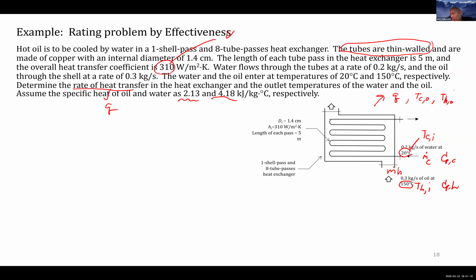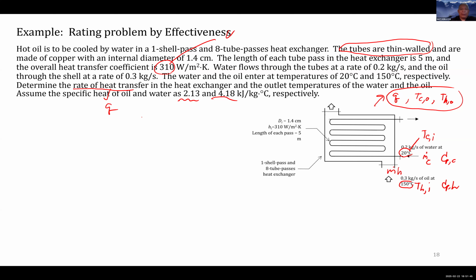And we already have 3 unknowns. And right now we have 3 equations. We already have 3 unknowns, meaning that everything else should be given. Now, we don't have the exit temperature. This is serious.